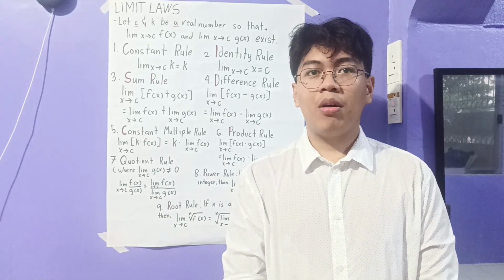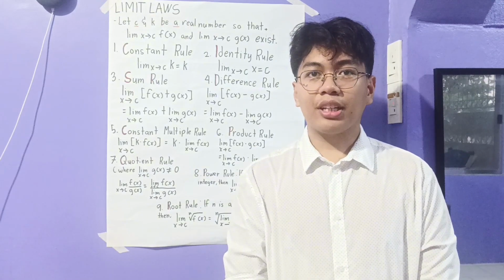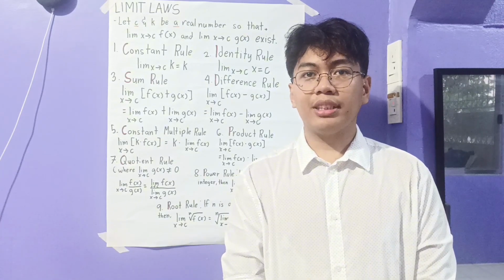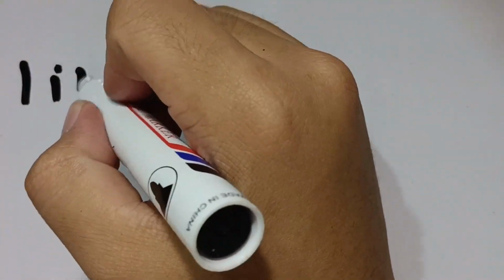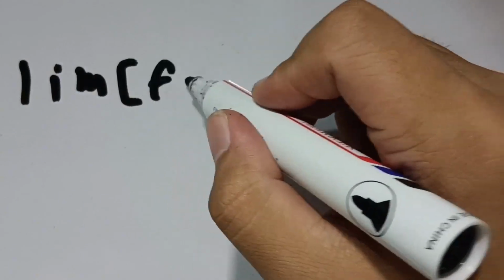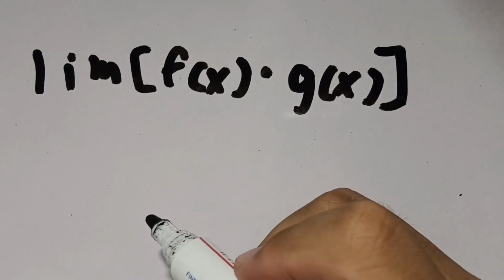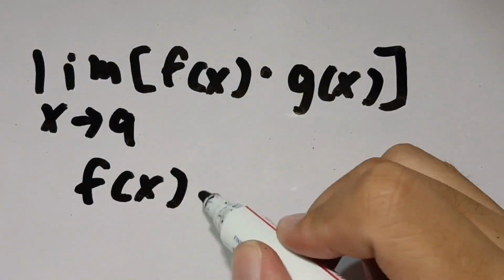Number 6, product rule. The limit of f of x times g of x as x approaches c is equal to the limit of f of x times the limit of g of x as x approaches c. So ito ang product rule. Similar lang siya sa solving ng normal multiplication, but we use the limit laws to properly understand the solving.